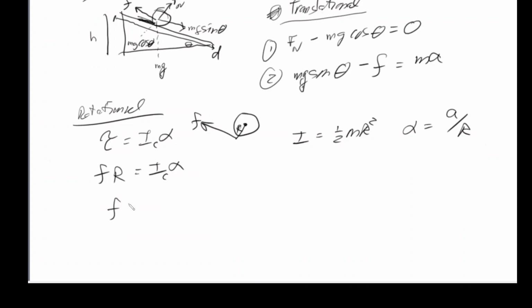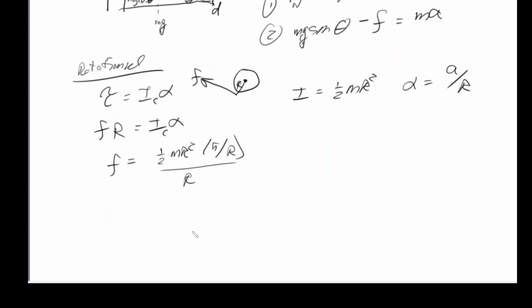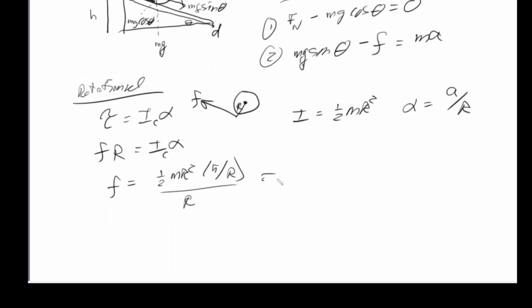So friction is equal to I, which is 1/2 mr squared, times alpha, which is a over r, divided by r, which ends up being ma over 2, because these cancel out.